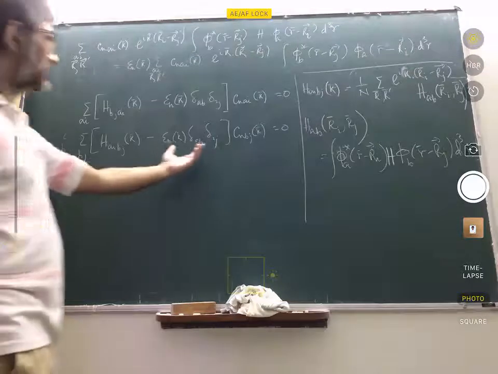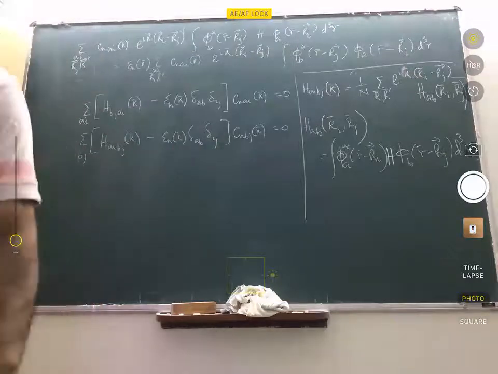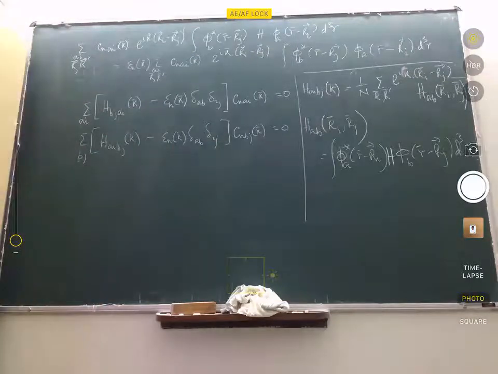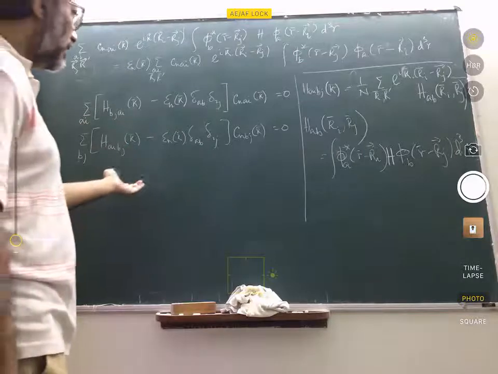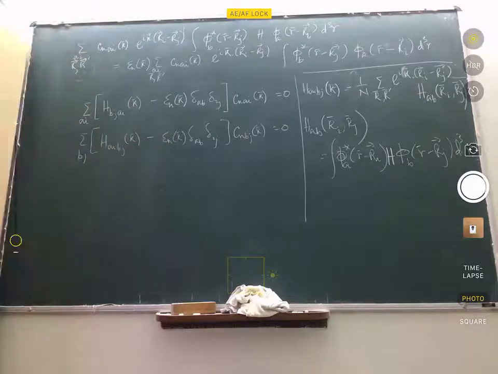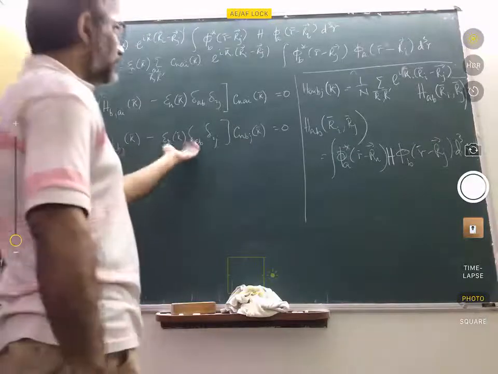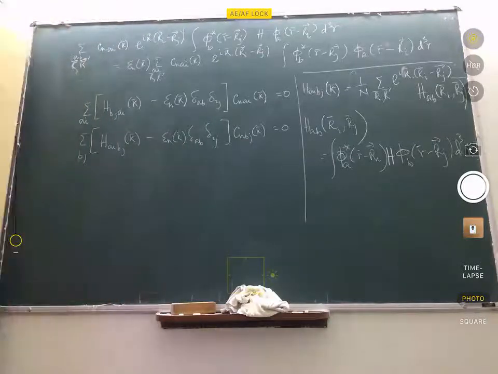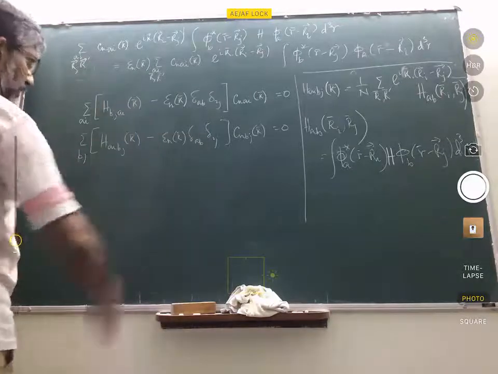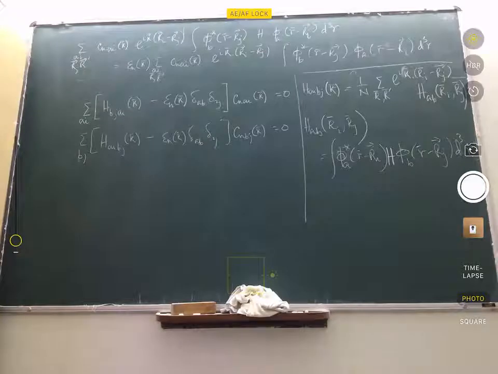So we'll just say this is delta AB, delta IJ, unless the atoms happen to be the same, that is Ri equal to Rj, and the orbitals happen to be the same. Of course, if Ri equal to Rj, then you automatically get delta AB because atomic orbitals on the same atom are orthogonal. So that's how you get that. That is the final equation we get from this.